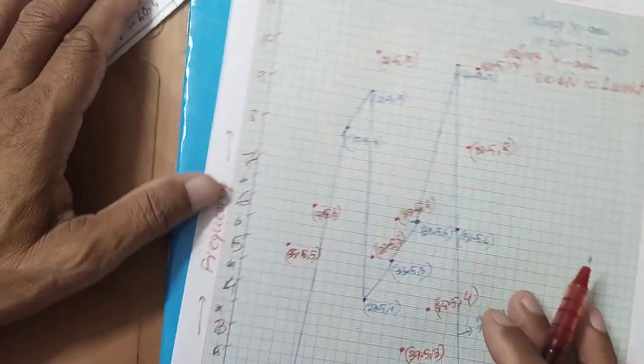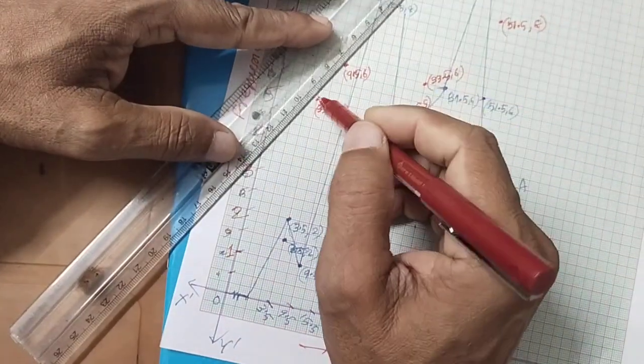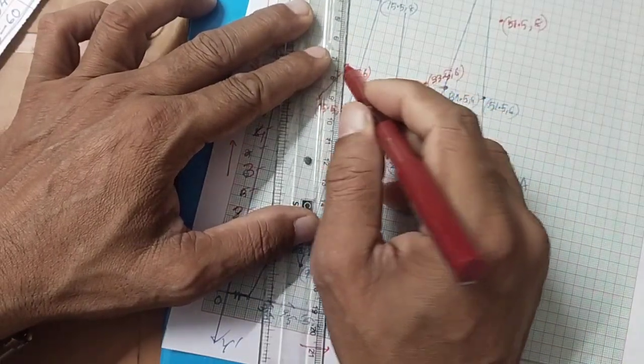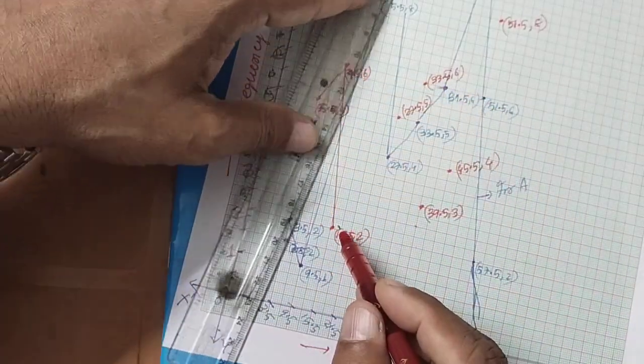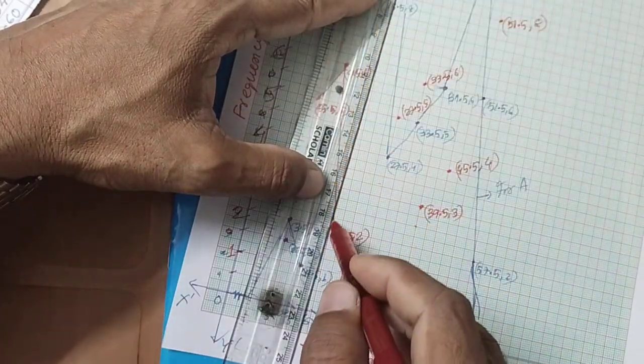Now, same as before, we have to join every two consecutive points. See the first and second point joining here, second and third, third and fourth, next 2 points joining with red ink.